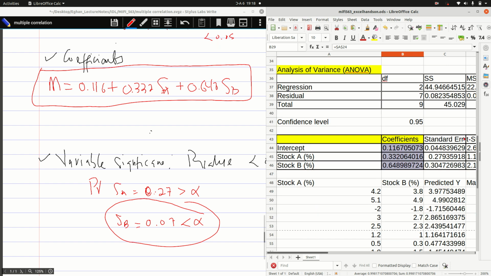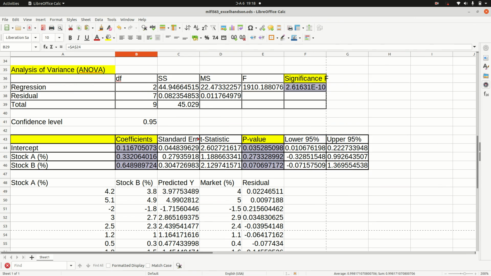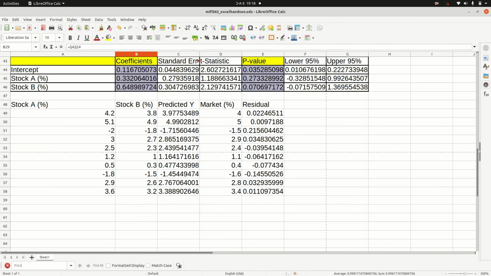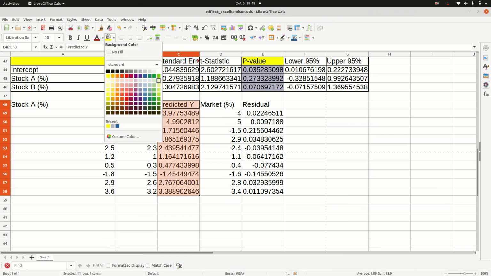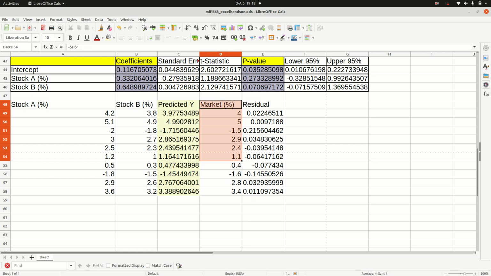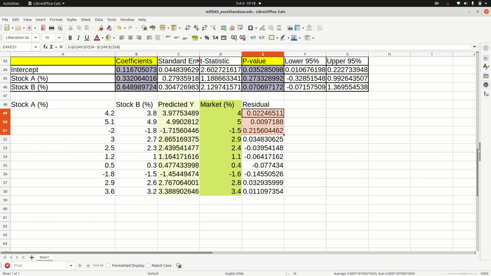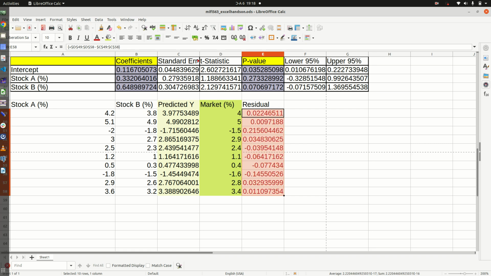Then we can come to our residual model here. Let me expand this. This is the predicted stock market. I'll go by this color. And this is the actual stock market. And then this is the residuals. The residuals is the difference between the predicted and the actual value. So by the model, I can find my predicted.